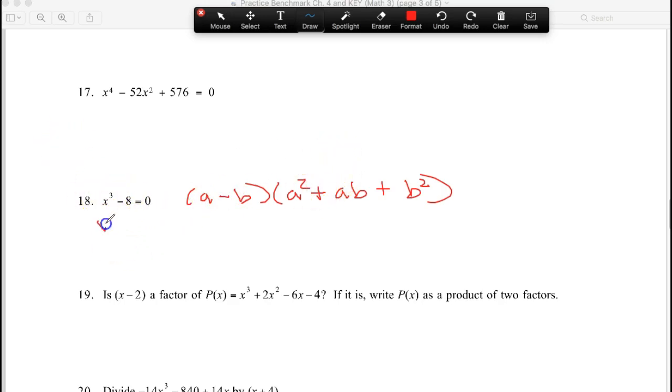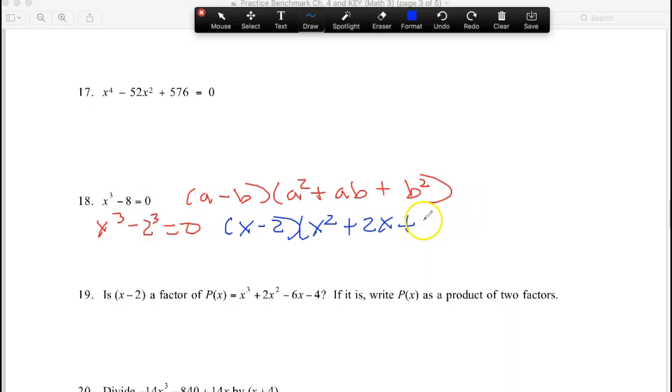So this is x cubed minus 2 cubed. I'm going to write it in its cubes so that I can factor it out like this. And when I factor it out, my first term will be x, and my last term is 2, x minus 2, and then my first term x squared, I square it, plus my first term times my second term, x times 2, or 2x, plus my second term squared.